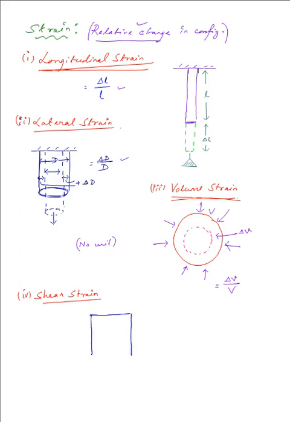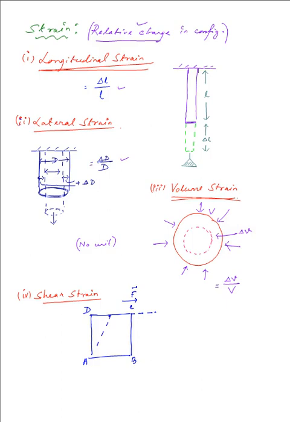This is the initial shape that we had, and let this body be A, B, C, D, and it was acted upon by a tangential force along this direction, and as a result of that, it has shifted the top surface, just as in case of the books that you use.